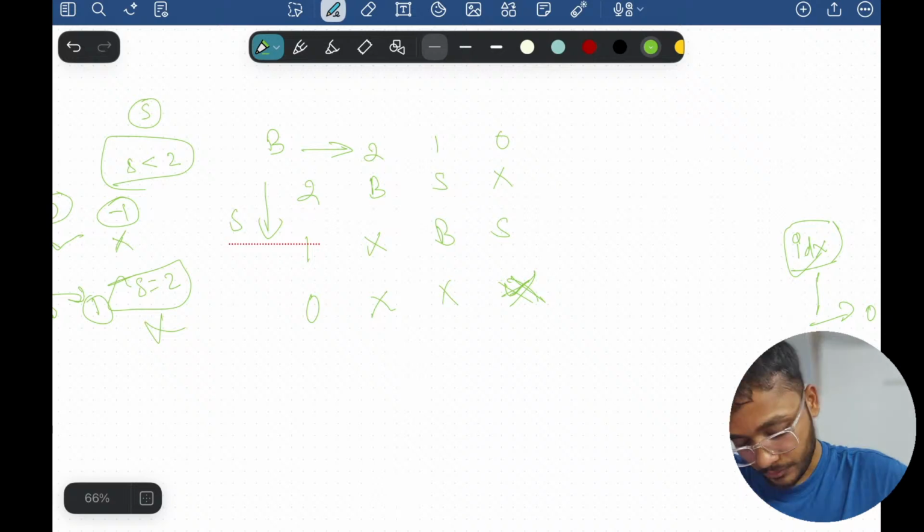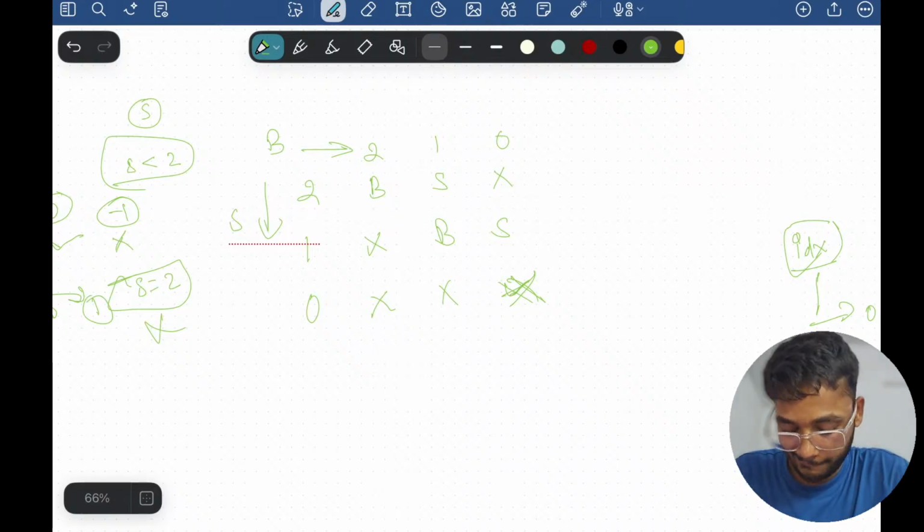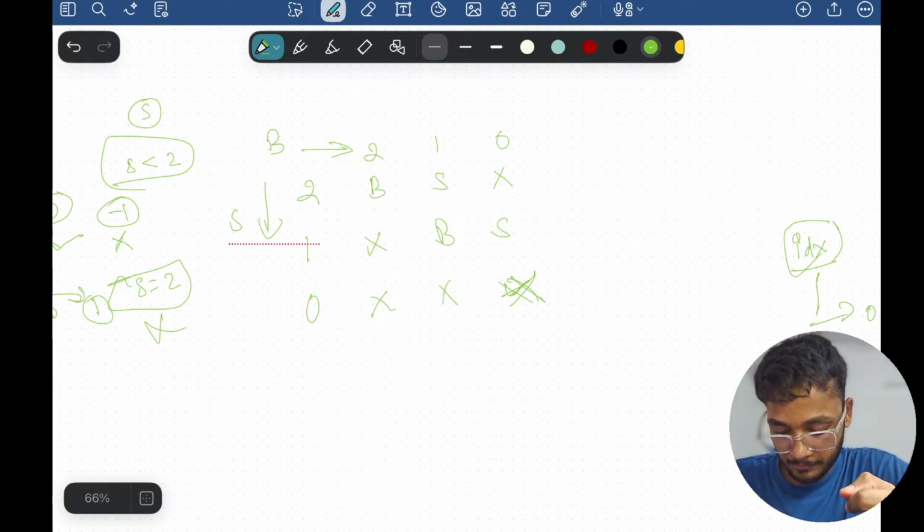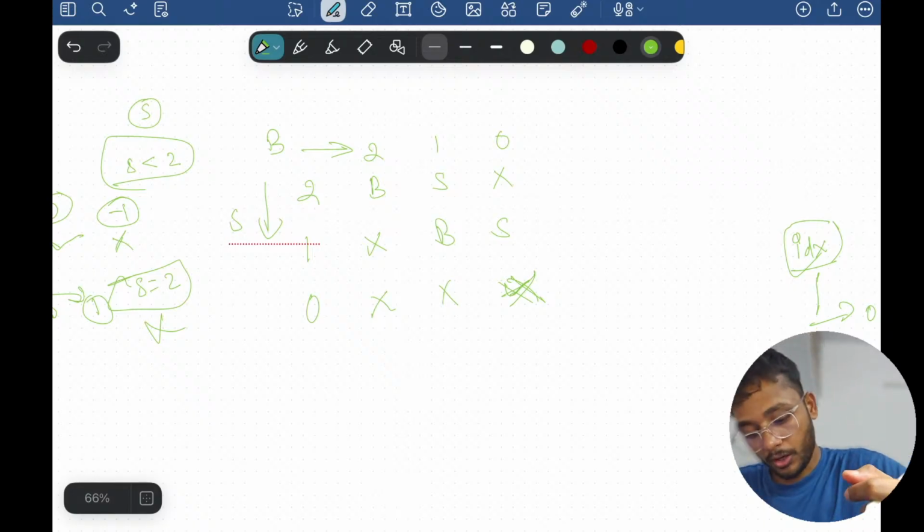The only problem is we cannot decide based on the buy value whether it's 2, 1, or 0. What if I use two buys?